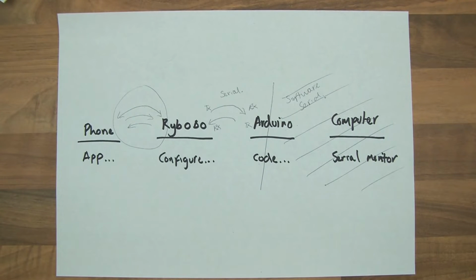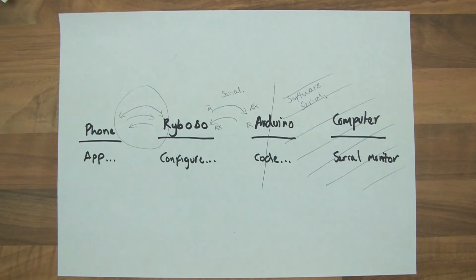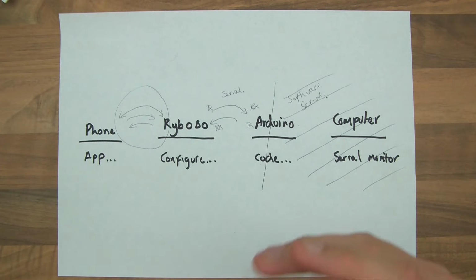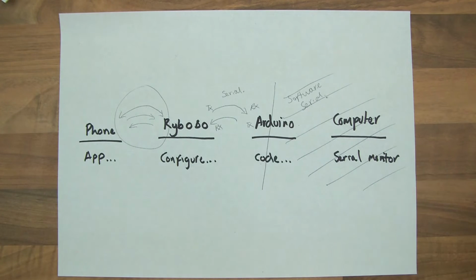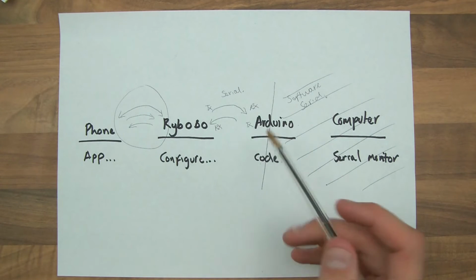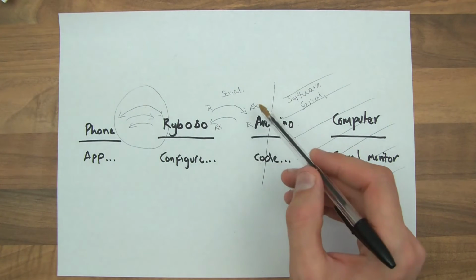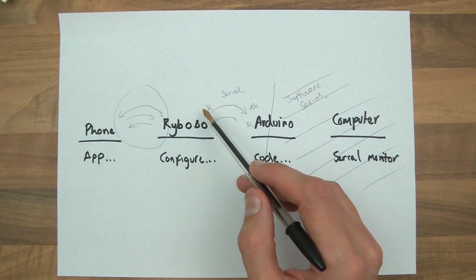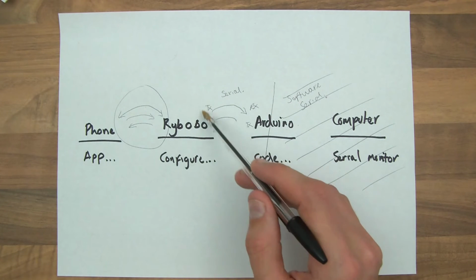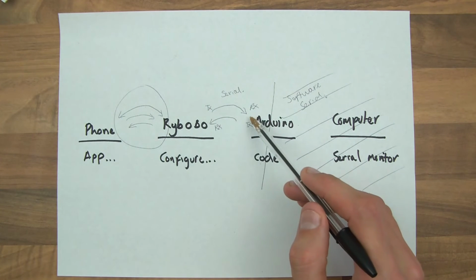A lot of beginners are very reliant on the serial console, and I'm sure that people who are going to copy this probably expect to use the serial console of the computer. But in this project I'm not going to use a serial console because it complicates it. Because the Arduino here is connected to the RYB, you use the port for the RYB. So if you transmit from the RYB, it goes to the Arduino.